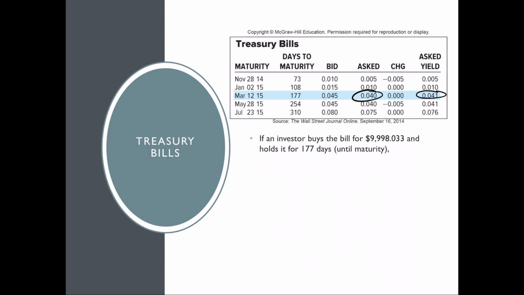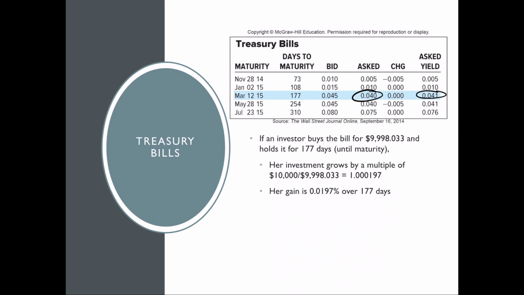So let's say an investor buys that bill for the previously mentioned price of $9,998.033, and then they hold it for 177 days until maturity. That investment is going to grow by a multiple of the 10,000 face value divided by what they pay, which is 1.000197.